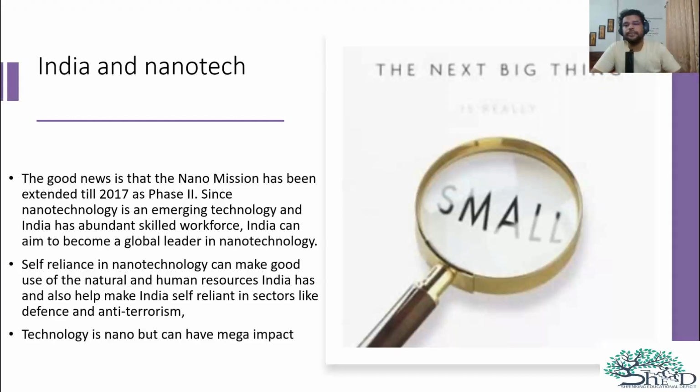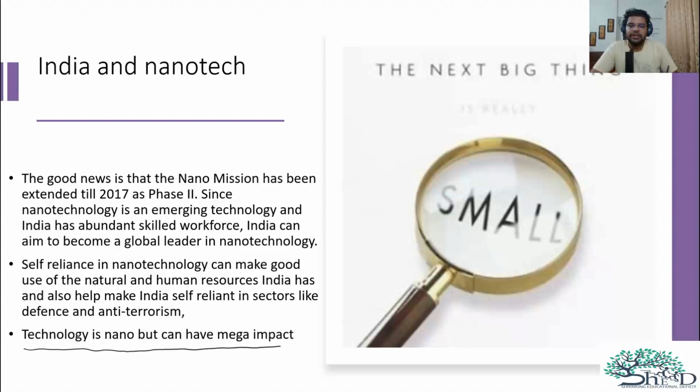What the government is doing: the nano mission has been extended to phase 2, and India has a lot of skilled workforce that can be reskilled or upskilled to nanotech. Like I said, if we create self-reliance in nanotechnology, we can make good use of the natural resources available in India, and we can also secure ourselves in terms of defense and anti-terrorist activities.